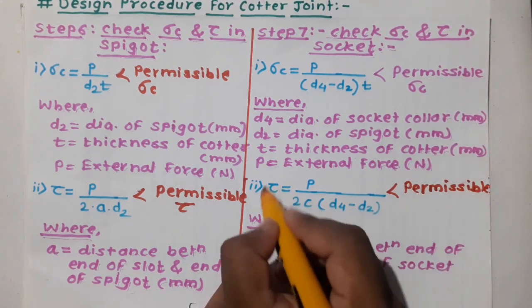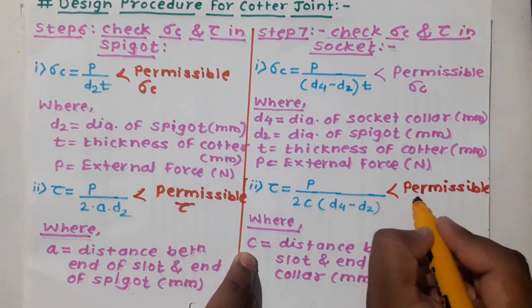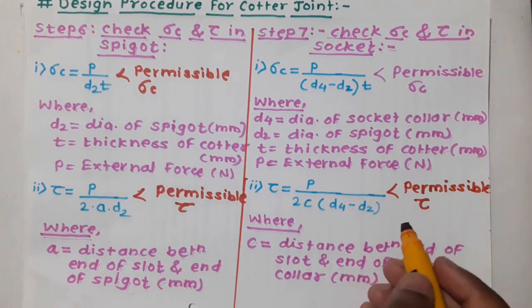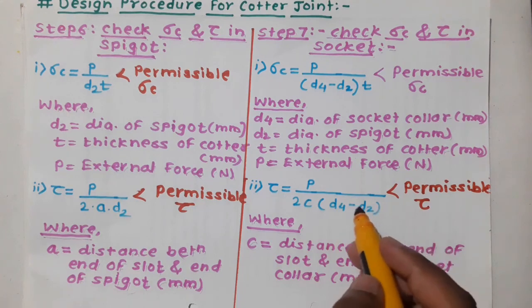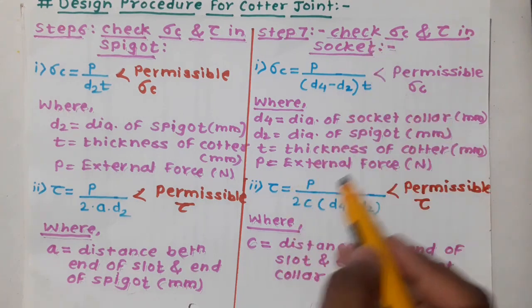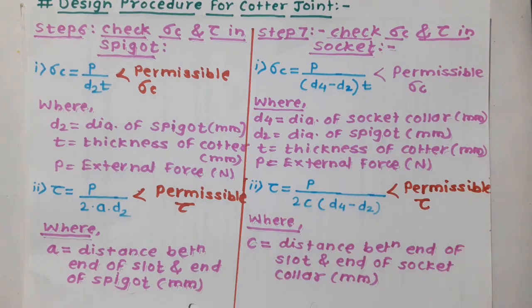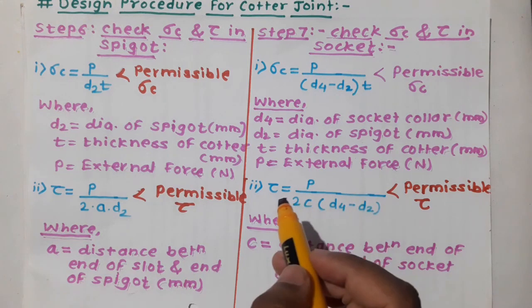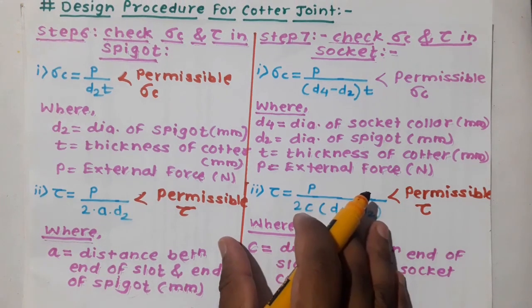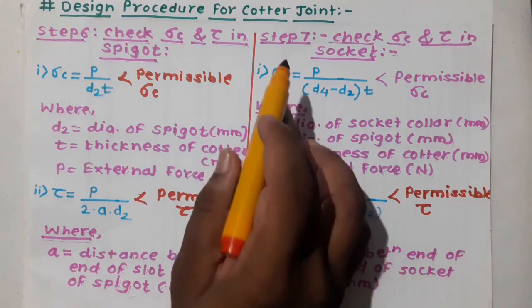If this condition is fulfilled, then and then only we can say that the design of socket under shear stress is safe. So with this equation, we have completed the design procedure of quarter joint, which consists of 7 steps.